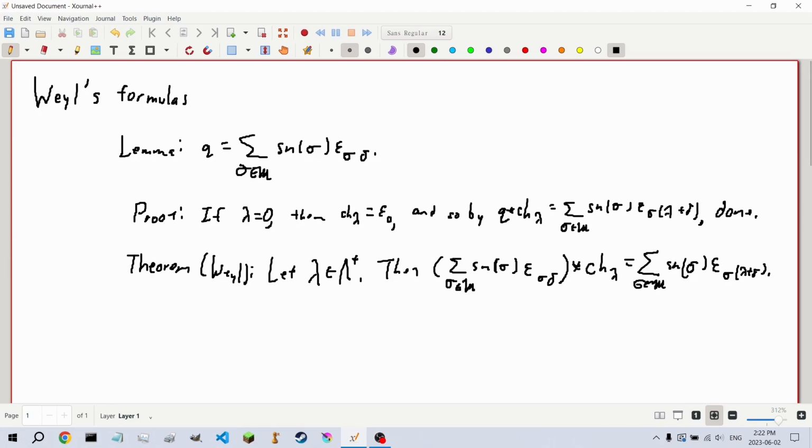And this is by the previous formula, which I wrote again up there, and the lemma.